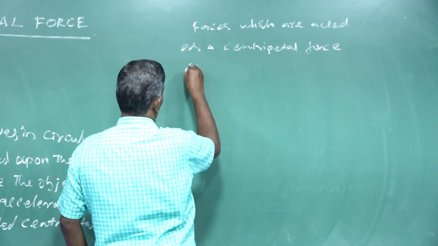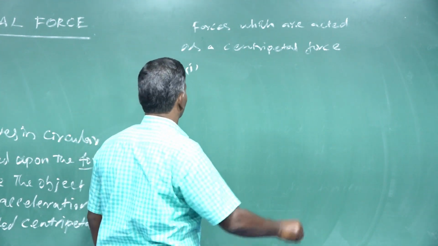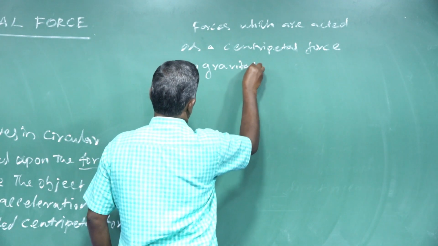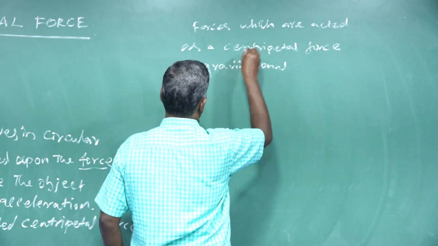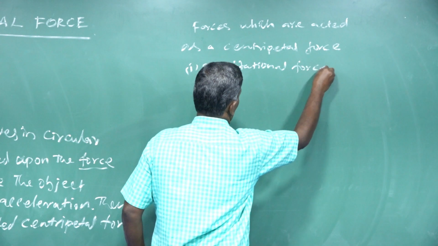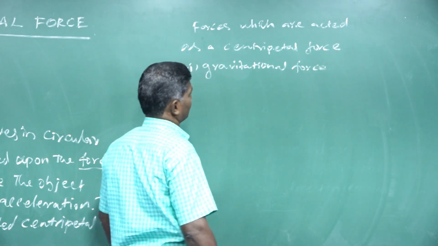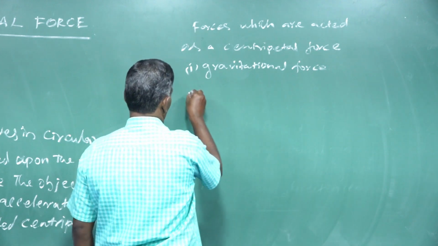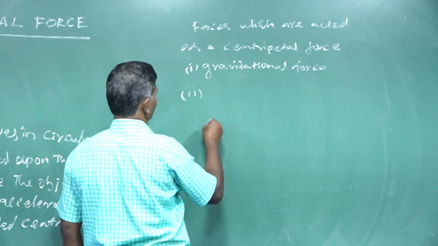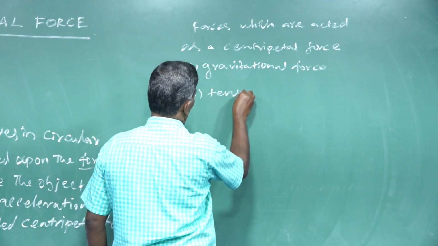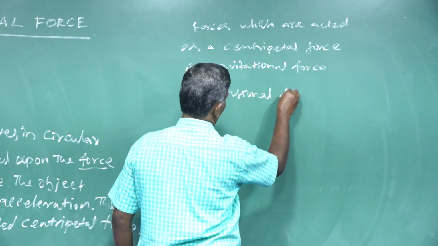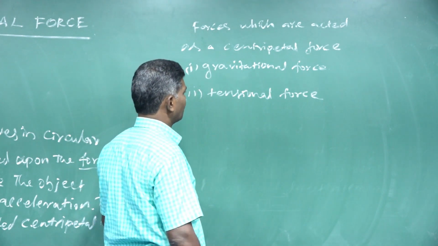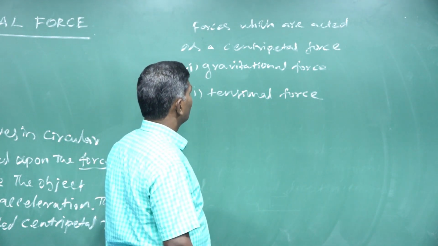One of them is the gravitational force. In some cases gravitational force acts as a centripetal force. Second one, tensional force. In some cases tensional force can act as a centripetal force.